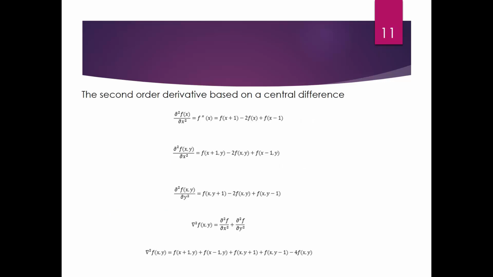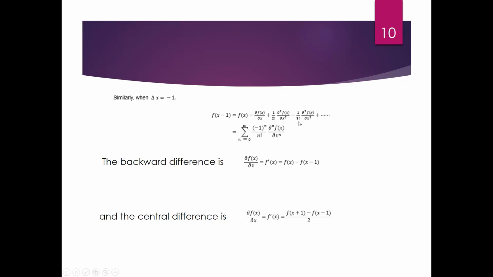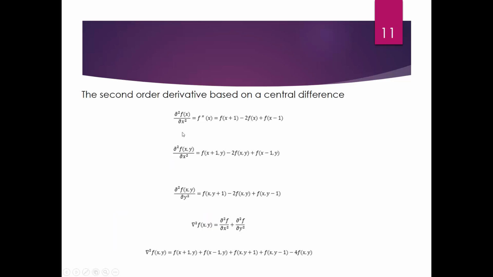For the second order derivative, we ignore the higher order terms in this Taylor series, that is, all terms after the second derivative. Similarly, the second order derivative can be represented as f(x plus 1) minus 2 times f(x) plus f(x minus 1).